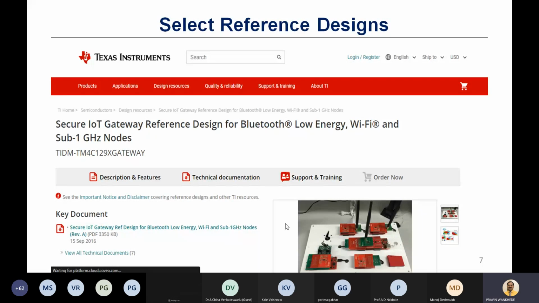So what we can do is take that reference design, and use what you need. Suppose this is a simple reference design for Bluetooth low energy, Wi-Fi and sub 1 gigahertz nodes, but you only need a reference design for Wi-Fi.